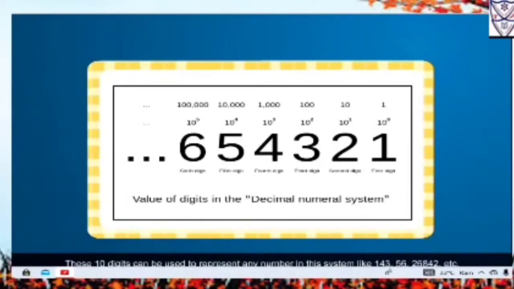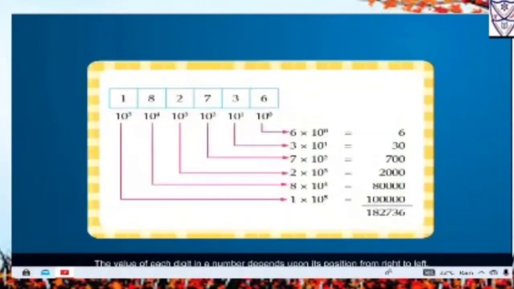These 10 digits can be used to represent any number in this system like 143, 56, 26,842, etc.